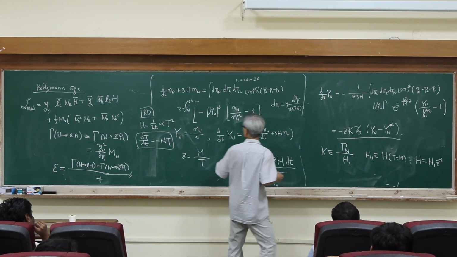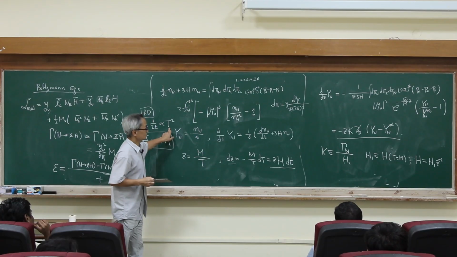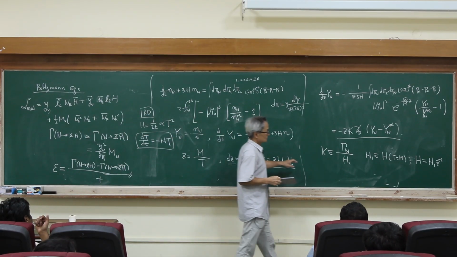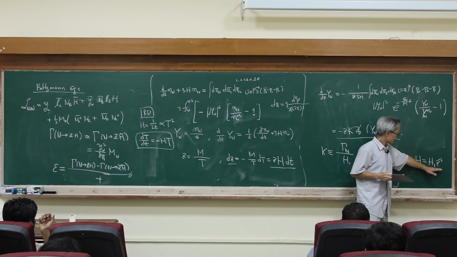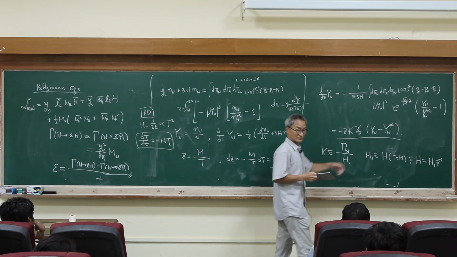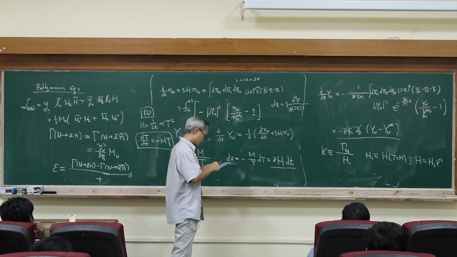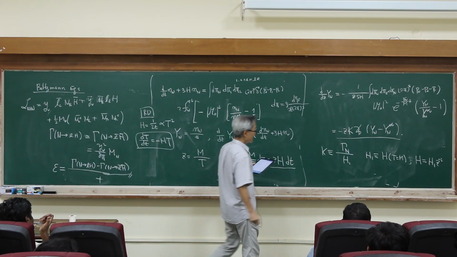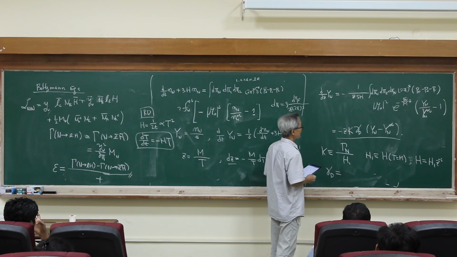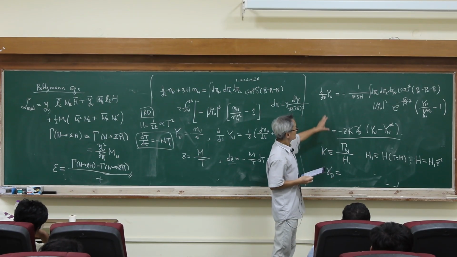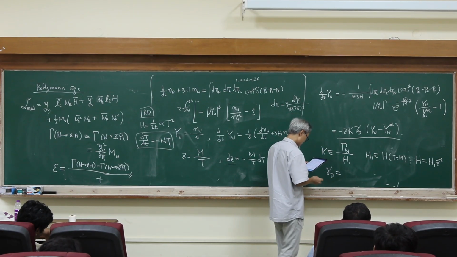No, H is proportional to T squared. So if I introduce this notation, then in terms of H1 and Z, we have this relation. And here gamma D. Okay, so Mathematica will give you the answer immediately.